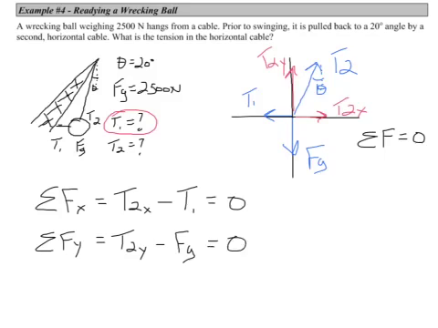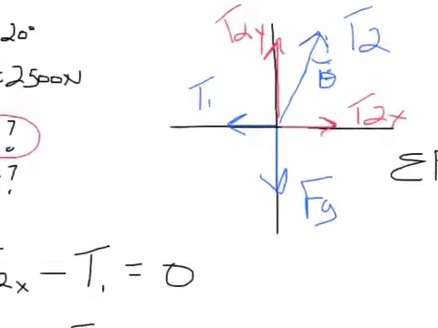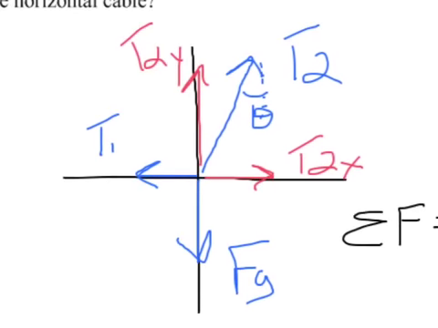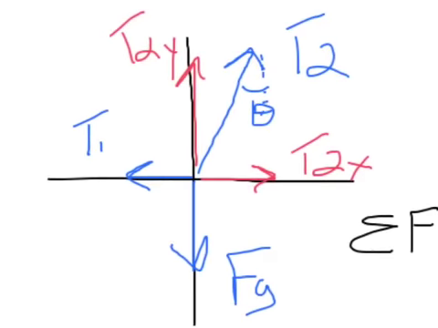So now we have to look at how to solve for T2x and T2y. If we look closer at T2 itself, we can see this angle. This is our reported 20-degree angle here.